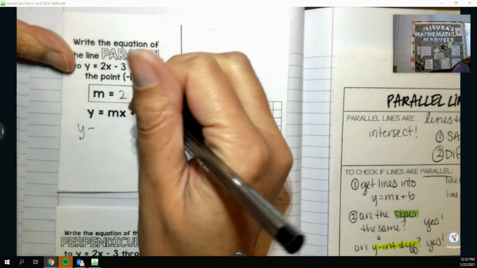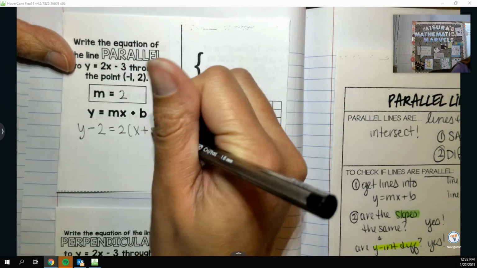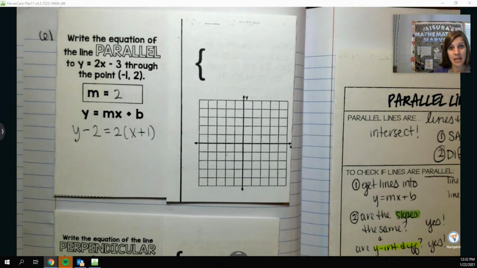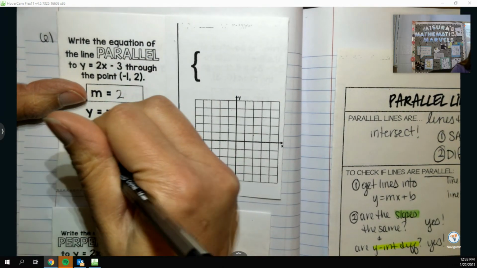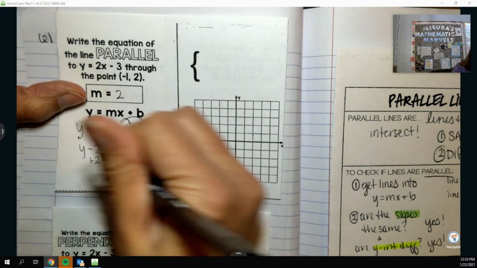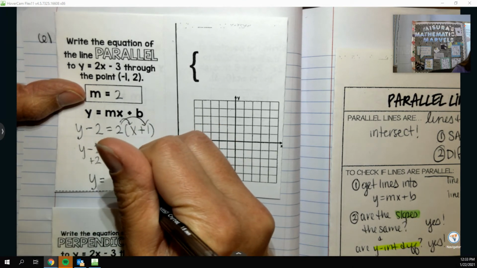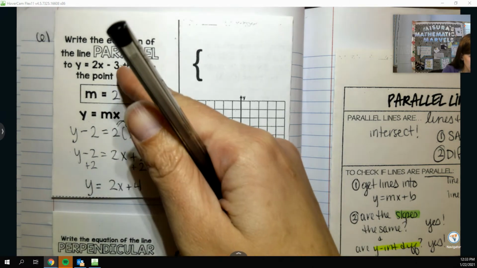So I'll do y minus the y value equals m parenthesis x minus x, which is a double negative, so plus, because then it's super easy for me to put it in y equals mx plus b. I'm just going to distribute and then get y alone. So we'll have 2x plus 2, and then I'll add the 2 over. So we get y equals 2x plus 4. And the reason that we might want to do that is just to be sure that I wasn't stupid and gave you the same line twice, which I didn't.